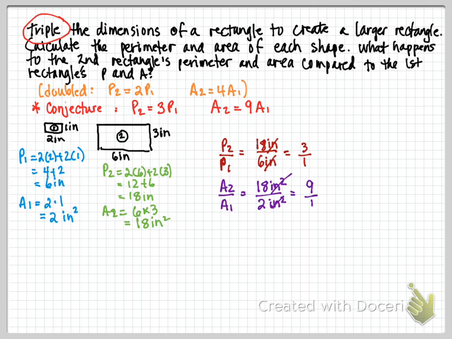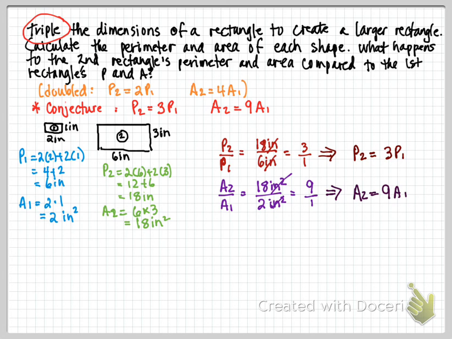So guess what? When we did the perimeter, the big perimeter is 3 times the small perimeter. And the large area is 9 times the small area, which is exactly what we thought it would be.